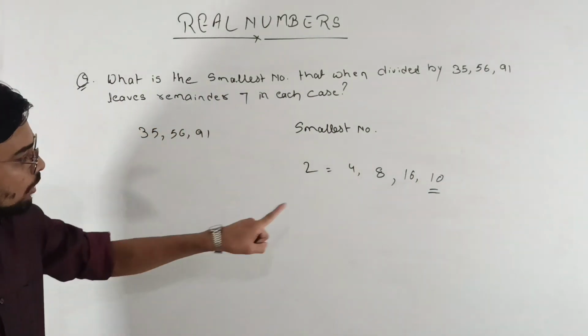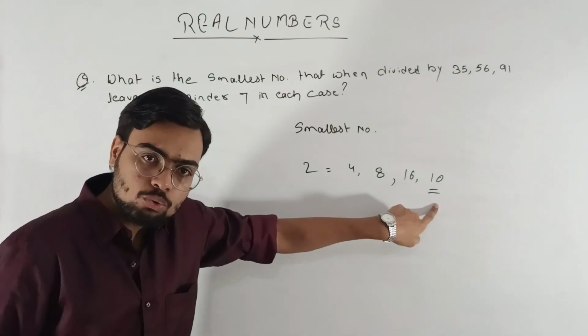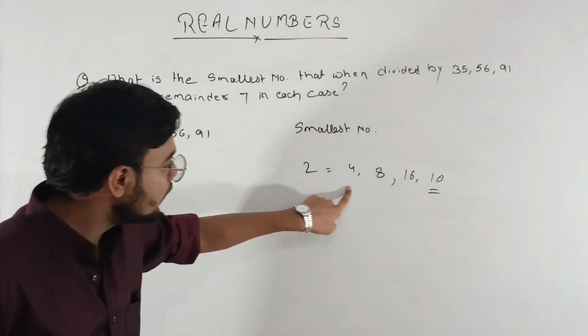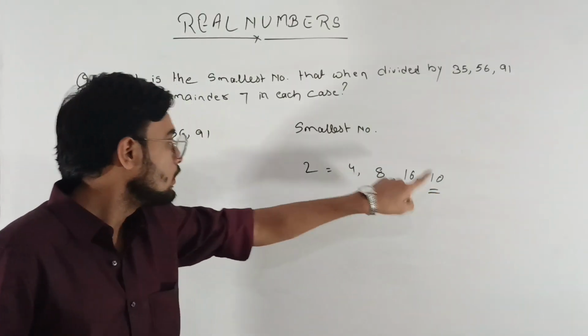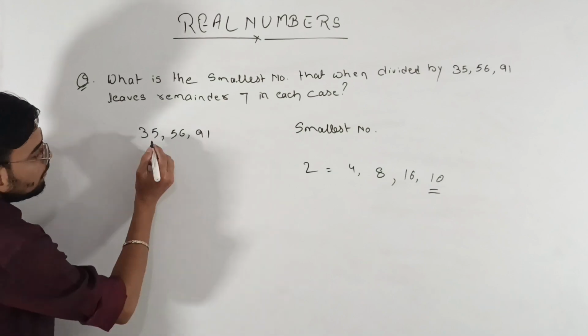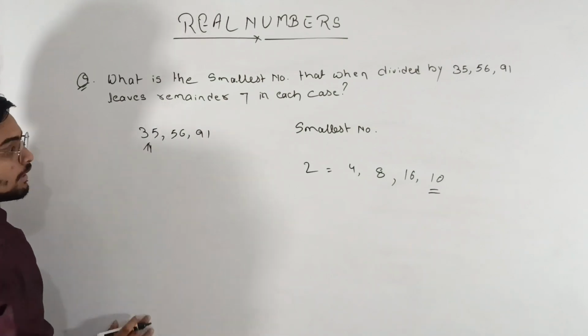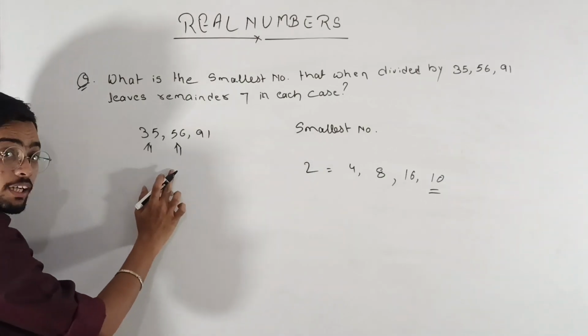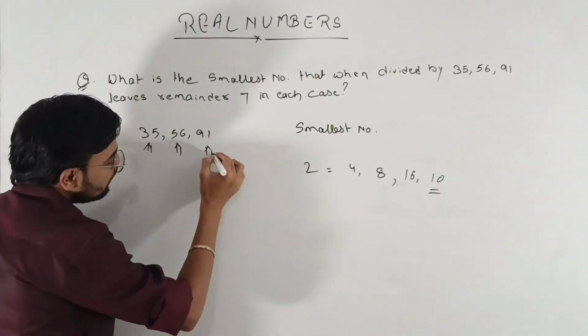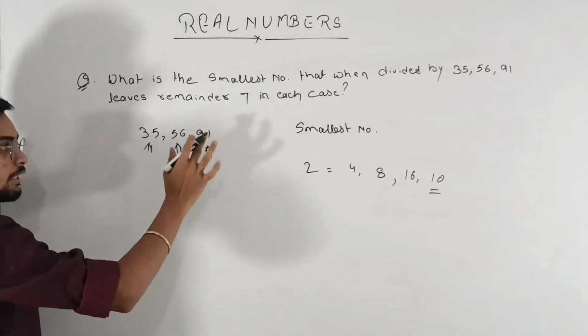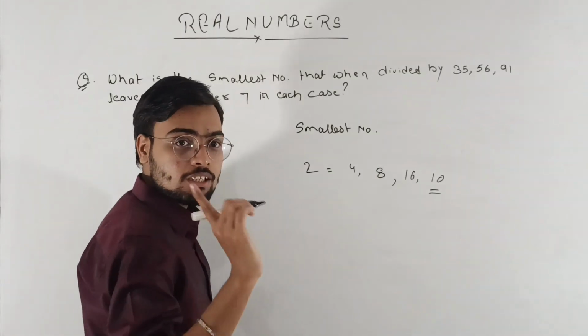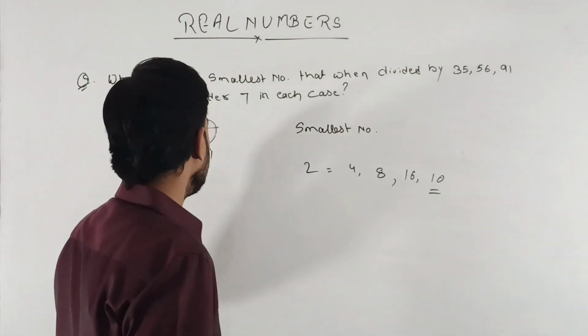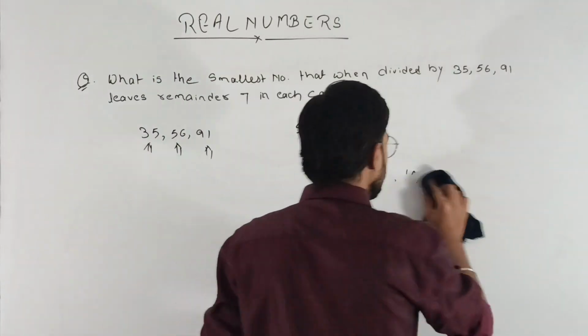Now look, all the numbers which are completely divisible by 2 are greater than 2. So in this case, all the numbers which are completely divisible by 35 are greater than 35. All the numbers completely divisible by 56 are also greater than 56, and all the numbers completely divisible by 91 are also greater than 91, which means our answer is greater than the given data.